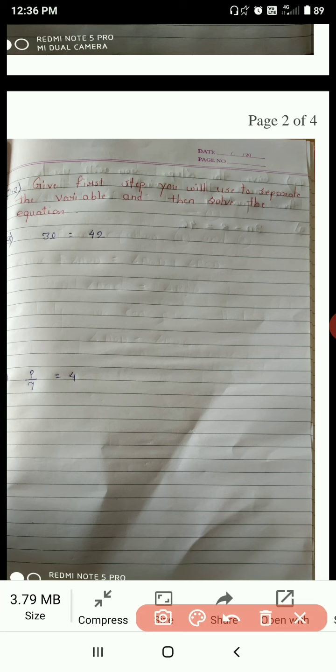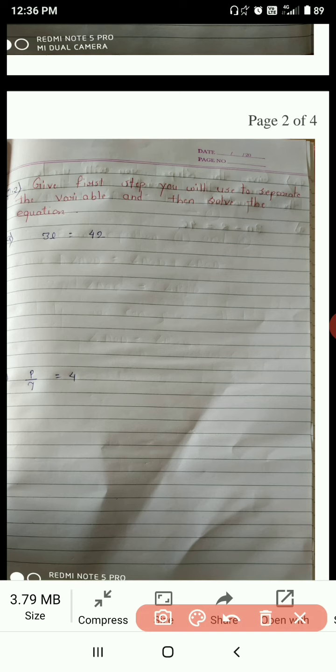The question is given 3l equal to 42. In 3l there is no sign between the number and the variable, which means there is a sign of multiplication. So 3 into l equal to 42. Here 3 is given in multiplication, and the opposite of multiplication is division. So we will divide by 3.